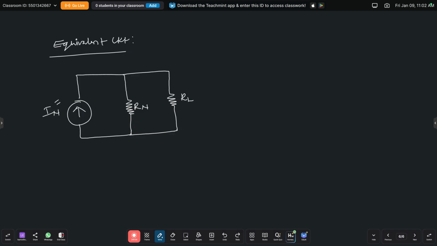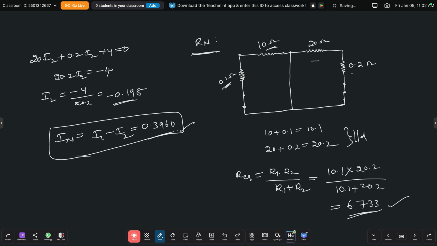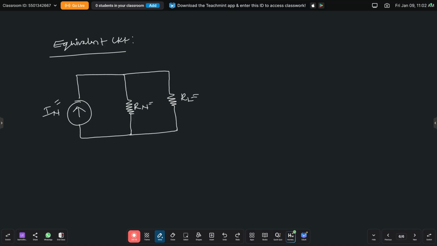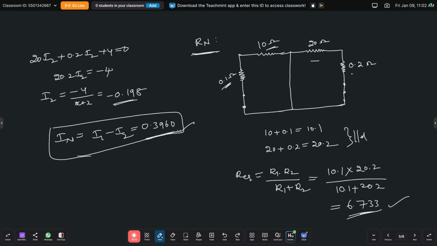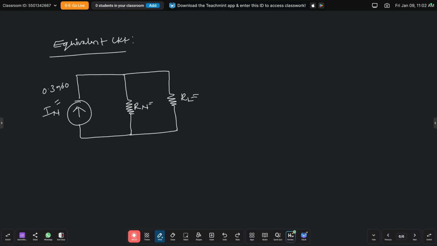So we take the values of IN, RN, and RL. IN is equal to 0.3960. And what about RN, Norton's resistance? RN is equal to 6.733.